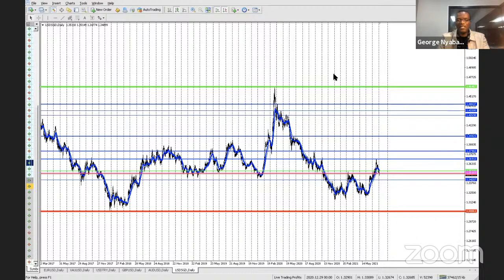Any chart, any market that you trade in, you always need to just plot in the highest price ever and the lowest price ever. Those are very hard levels of support and resistance, which means when the market gets there, something dramatic is going to happen. It's either going to bounce off.